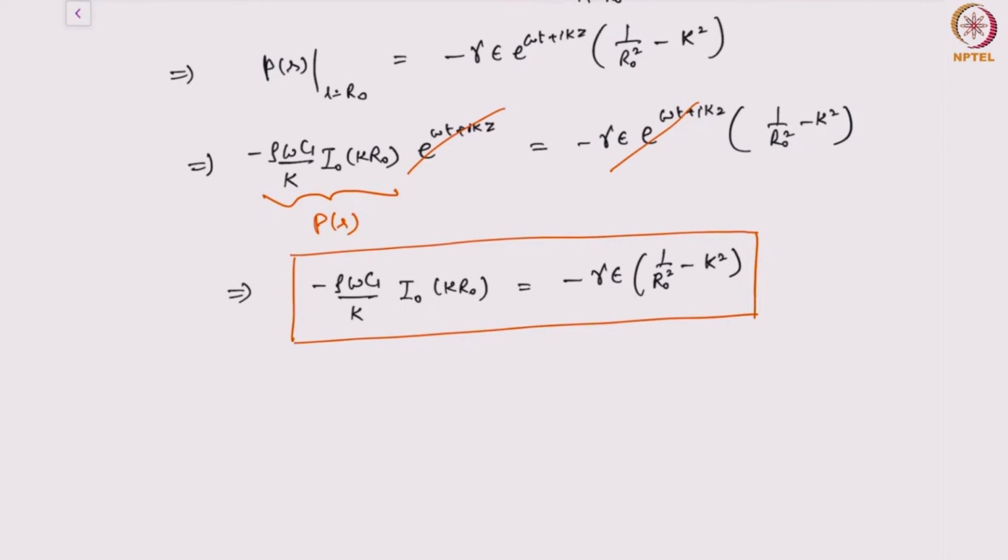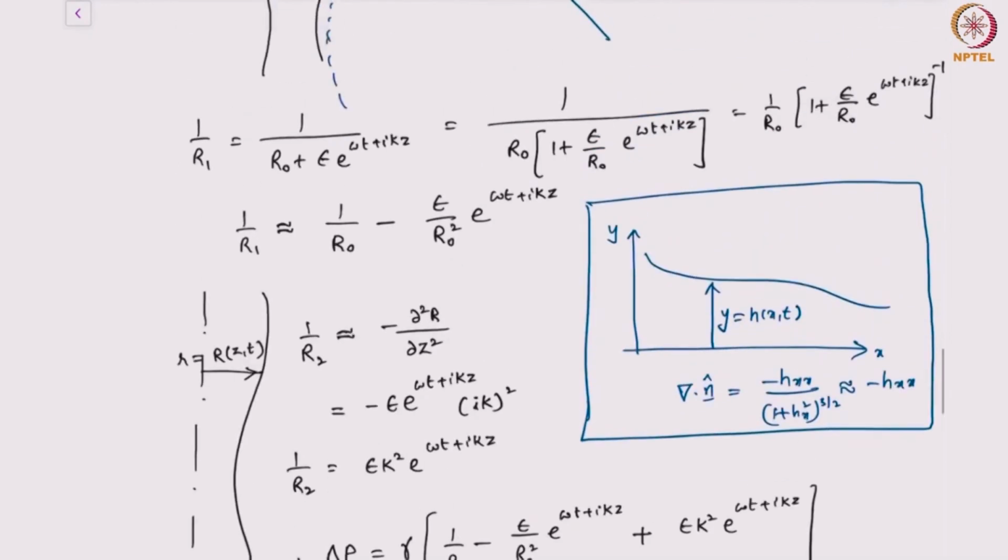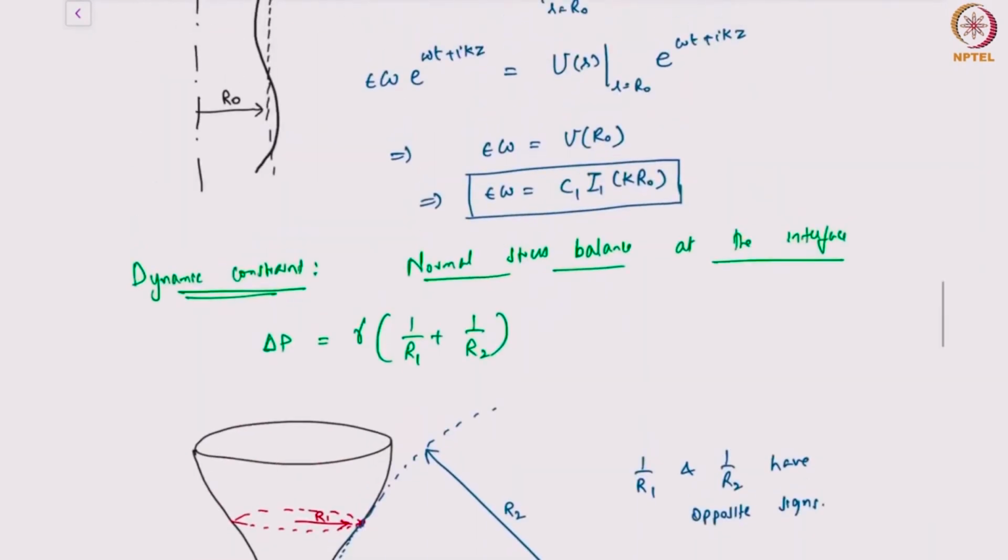Right? So we have already determined one important relation, which is this kinematic condition. We'll call this kinematic condition equation 1. And what does this kinematic condition tell us?